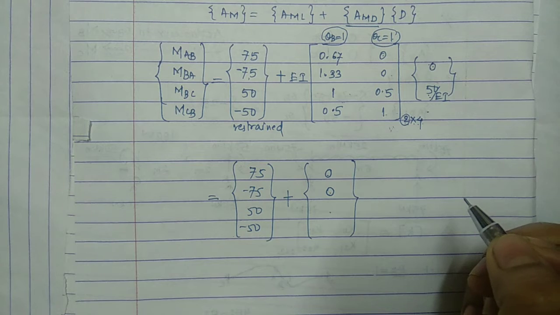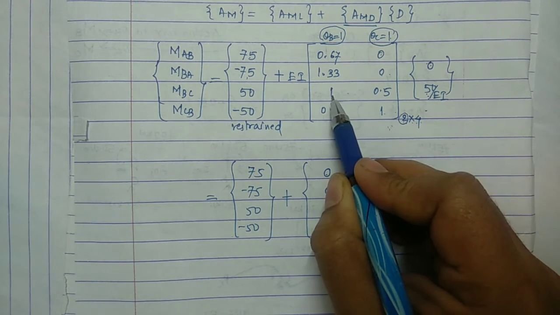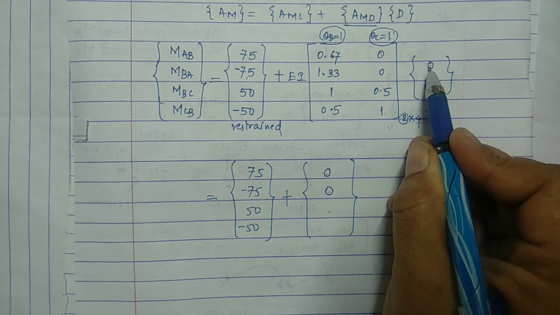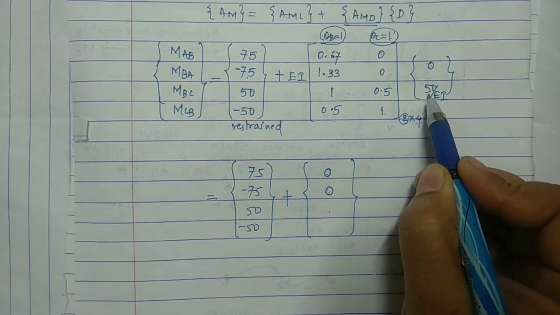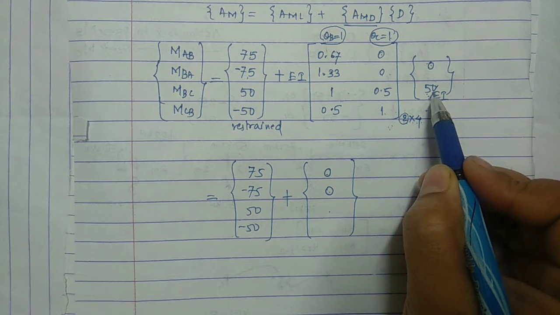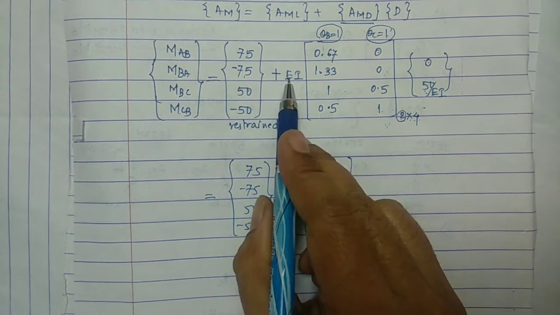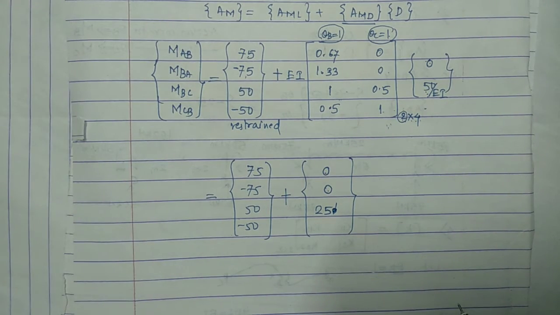The second element is also 0. Third row into column: first element into first element, 1 into 0, 0, plus 0.5 into 50. So that is equal to 25 into EI upon EI gets cancelled. So only the 25 value is there.